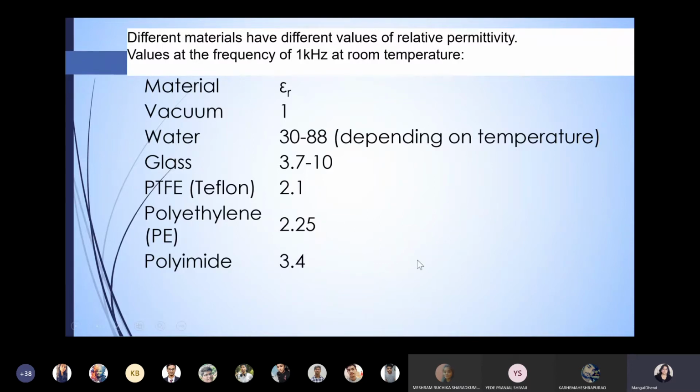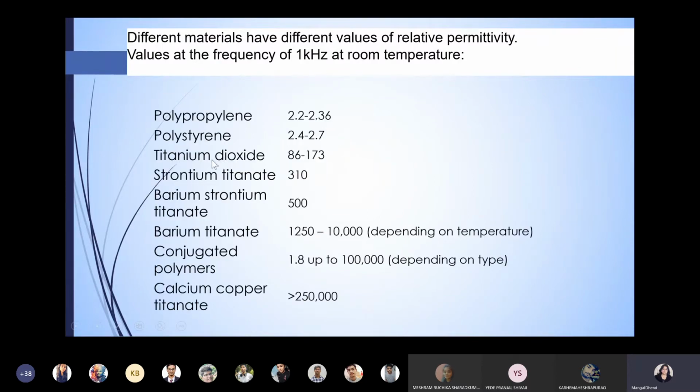Polyimide is used, 3.4. So you can see these are various materials. Polypropylene is used. We have some of these materials in our lab. Polystyrene is also there. Titanium dioxide, you can see, has very high permittivity. Strontium titanate has 310. Barium strontium titanate is 500.